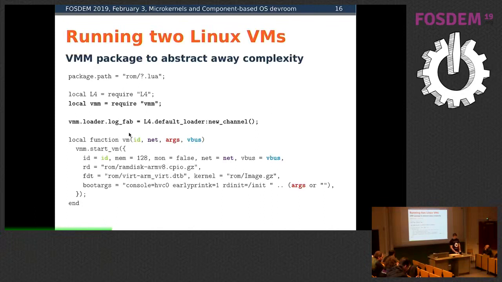Besides that, pay attention to the line that I'm pointing at. We can also create something which is called a factory object. So we basically create a new IPC communication endpoint, which we call log factory, which will be used to create new instances of the console.